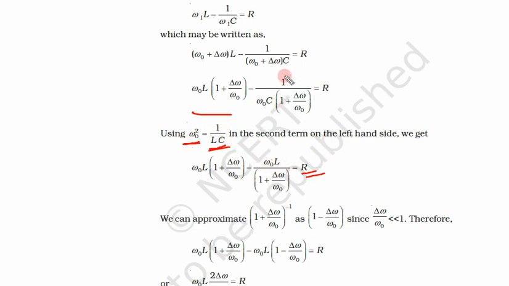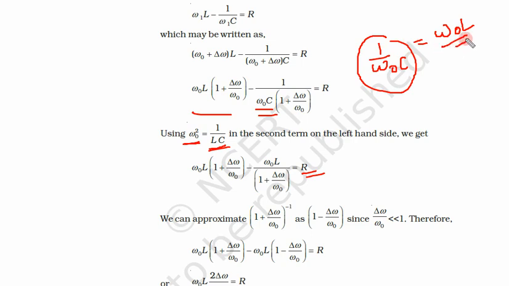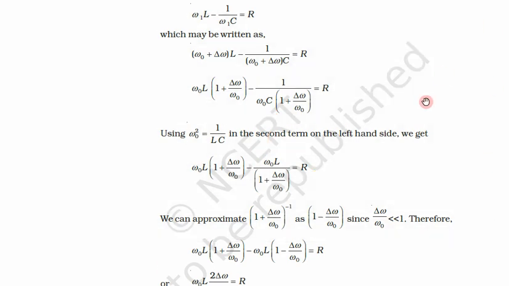This was 1 upon omega 0 c. So at resonance condition this must be equal to omega 0 L. So this 1 upon omega 0 c must be equal to omega 0 L that we have put in this equation. So 1 upon omega 0 c is equal to omega 0 L in case of resonance, so that we have put here.